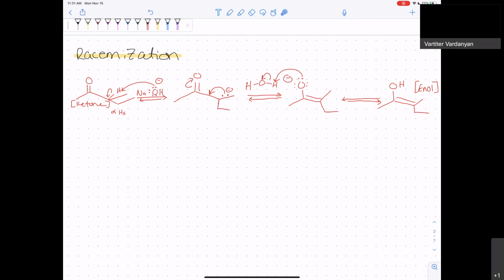It might not immediately jump into your head, but we have a carbon that has 1, 2, 3, 4 unique groups. A chiral center. So racemization needs a chiral alpha carbon with a hydrogen. This is still the exact same reaction, still the same mechanism. The only thing that changed is now we have a chiral center.